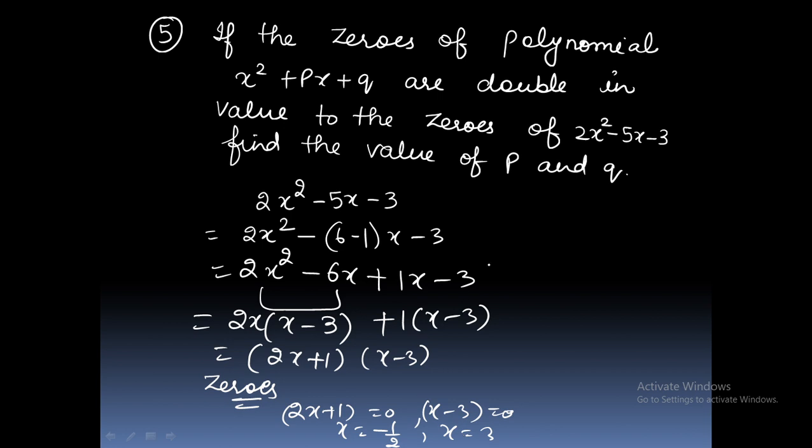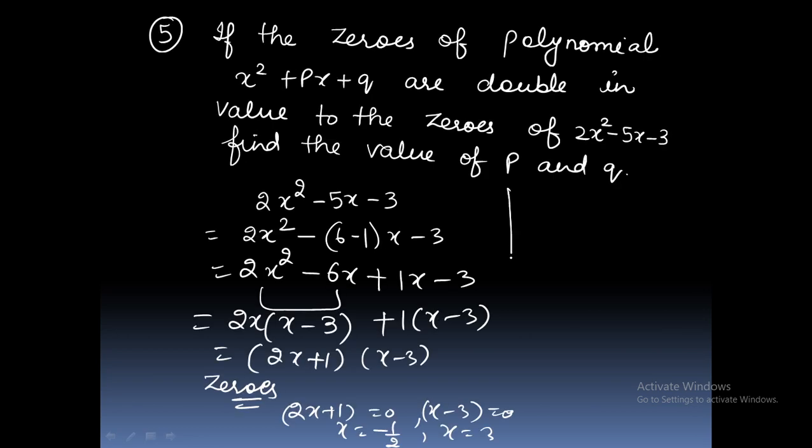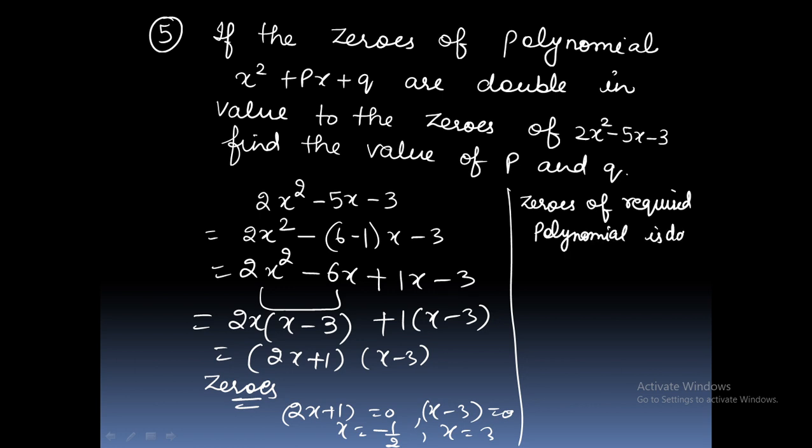So we will write here, the zeros of the required polynomial are double those of the given polynomial.